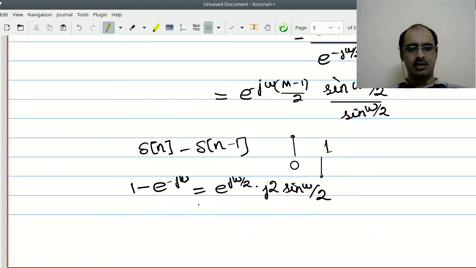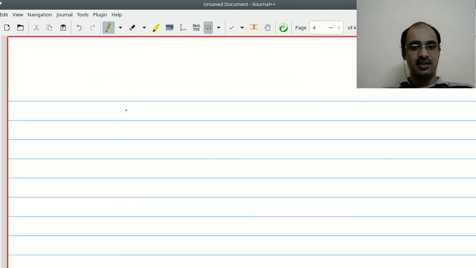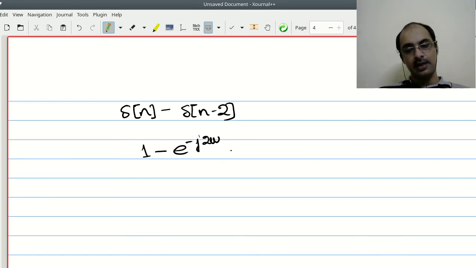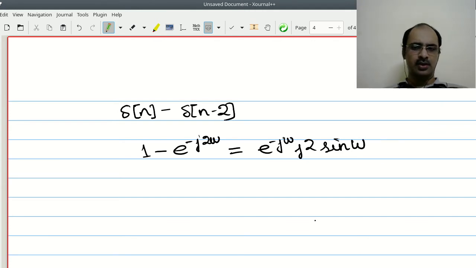Okay. Let's actually take a variation of this. For this you will get 1 minus e power minus j 2 omega, and this is equal to, if you do the same thing by taking e power minus j omega out, e power minus j omega into j2 sine omega.